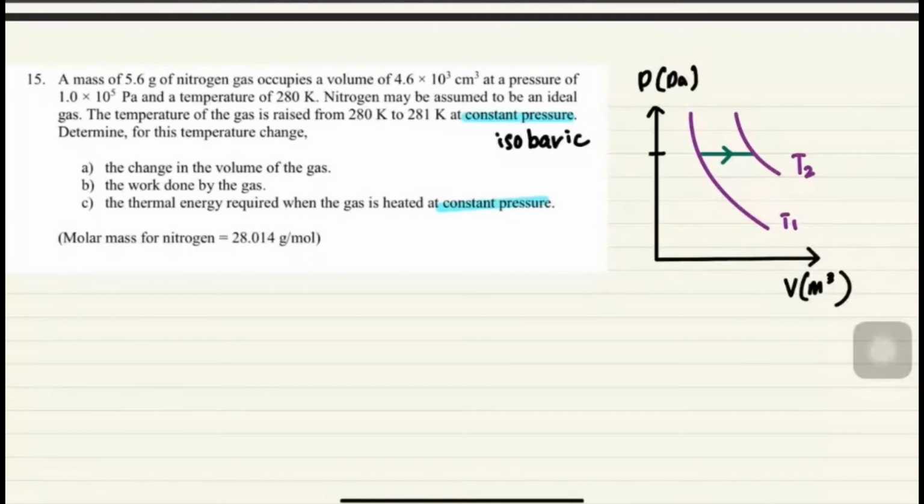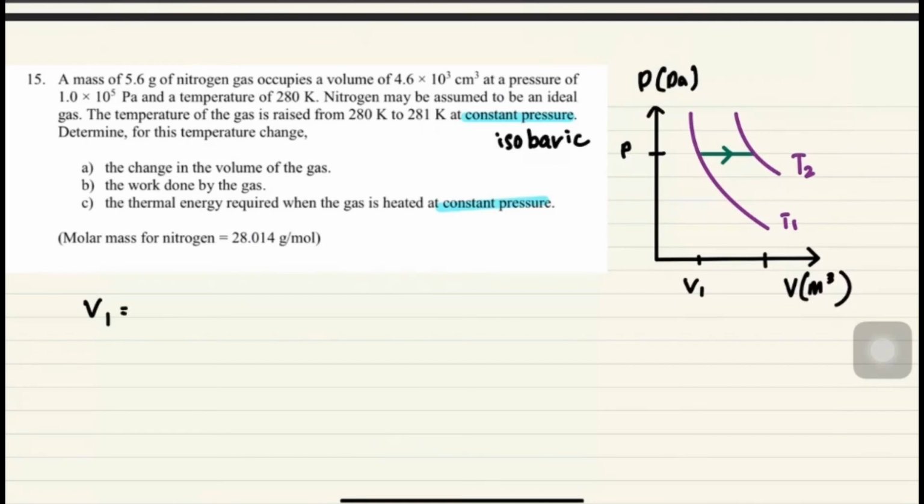Okay, the question wants the change in the volume of the gas. So you have V1 and V2. V1 is given. I take out the information first.